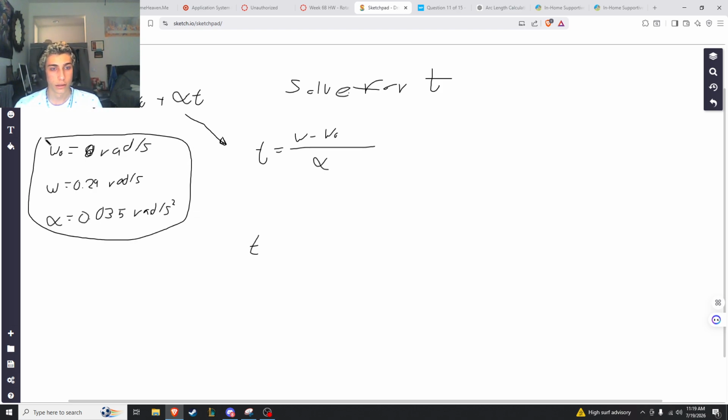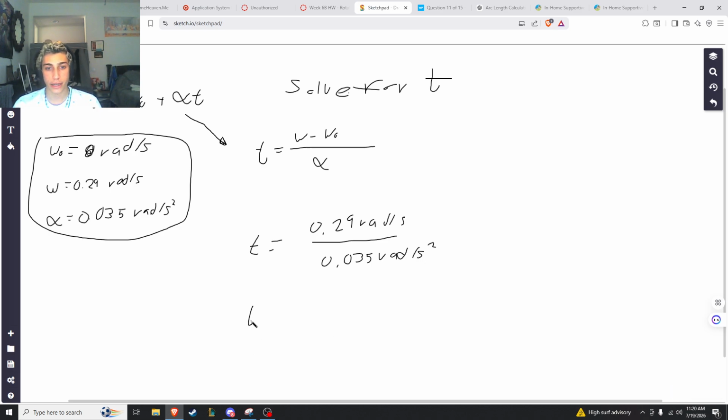I like to make a list of what we have so far because it's so much easier to insert everything into the equation once you have everything you need. So t is going to equal 0.29 rads per second minus 0, because the initial is 0. So it's just going to end up being 0.29 on top, divided by 0.035 rads per second squared.